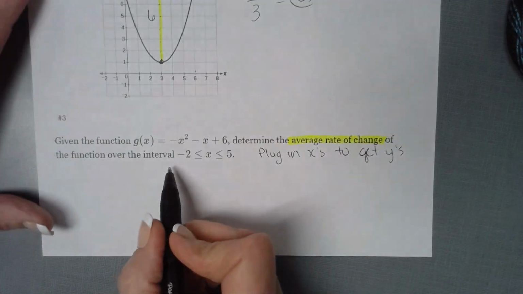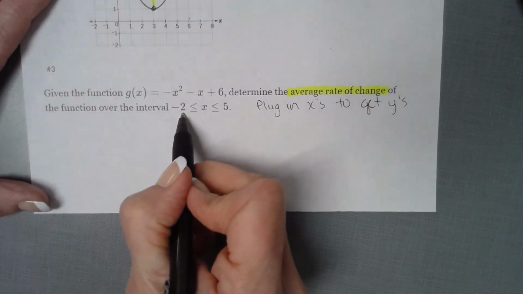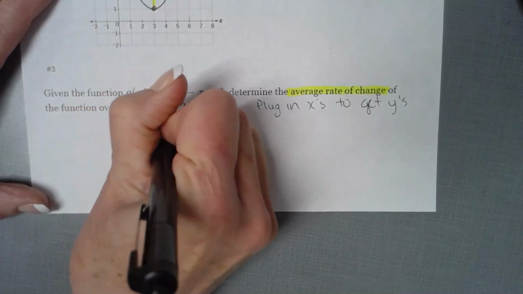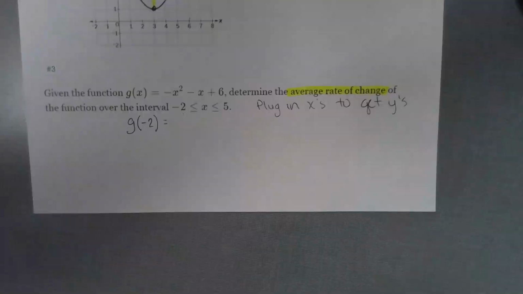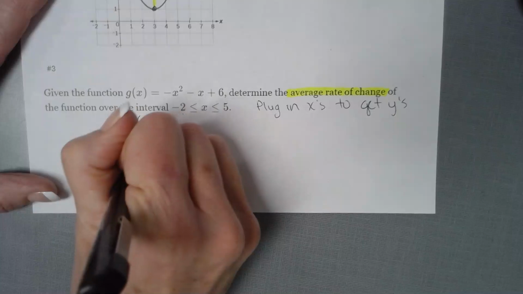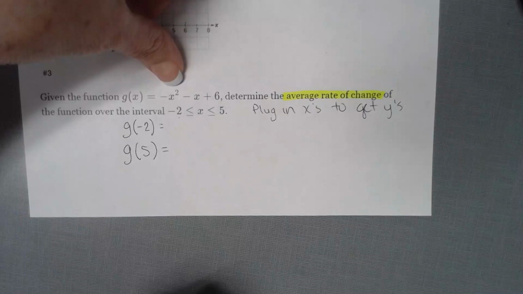Okay? So, first thing we need is to find g of -2. Next thing we need is to find g of 5. Okay, so what does it sound like?